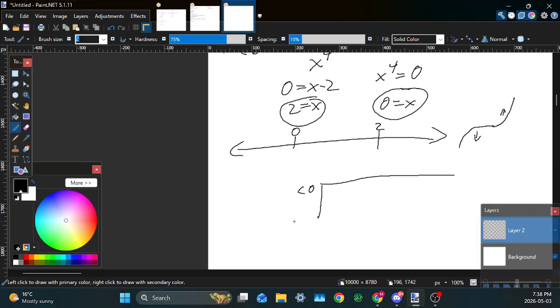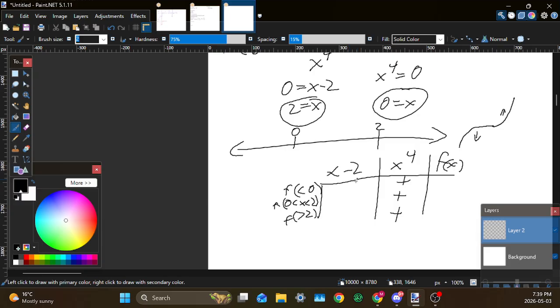Less than 0. 0 is less than x is less than 2, and greater than 2. x minus 2 and x to the 4, f of x. These will be positive.